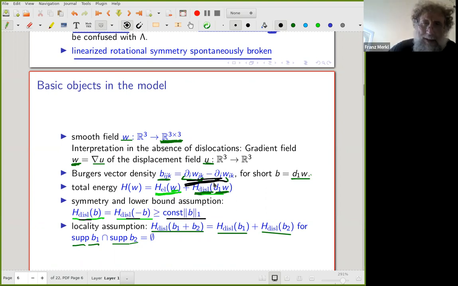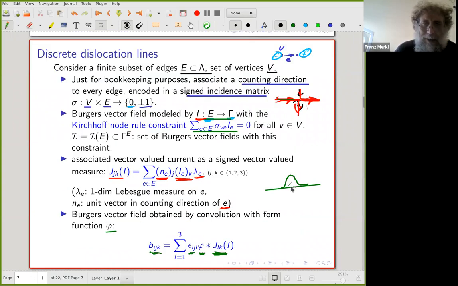We have only the zeroth derivative rather than the first one, and all these constraints with this balance condition, this Kirchhoff rule condition, completely get lost in two dimensions. So in two dimensions there's no point to this theory. It only becomes interesting in three dimensions.